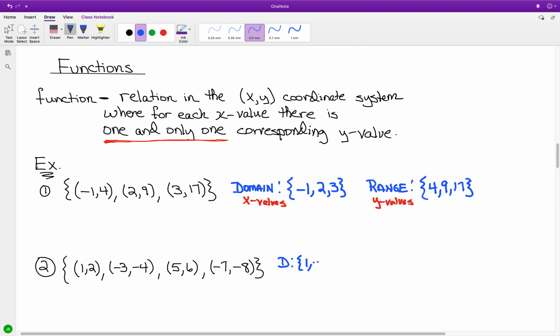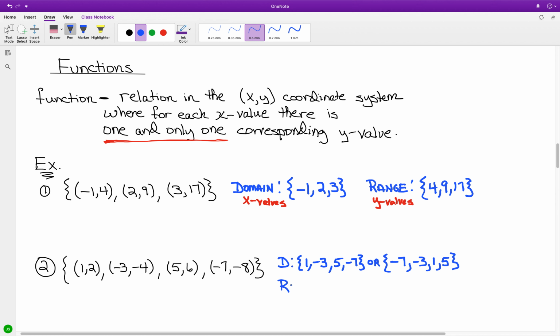If I put these together in the order that I see them, from left to right, I have 1, -3, 5, as well as -7. I could also arrange these values in any fashion. Say if I put them in order from smallest to largest, I would have -7, -3, 1, and 5.